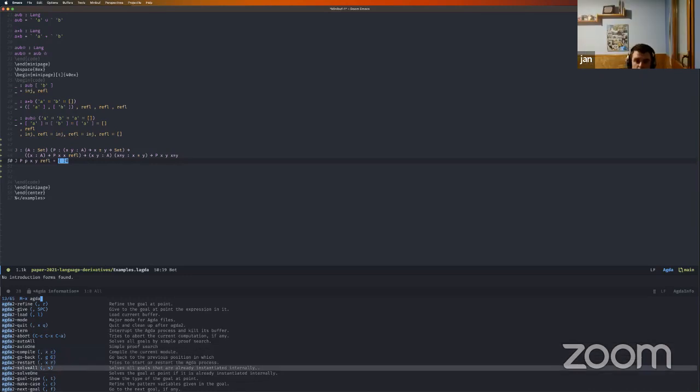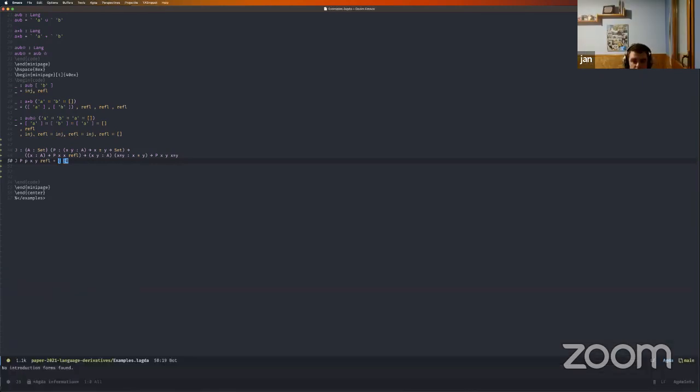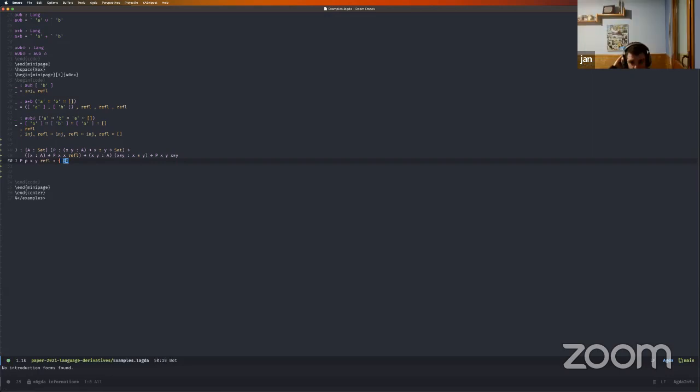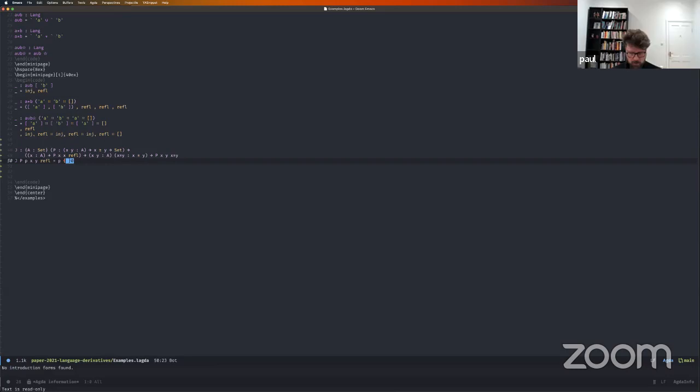So you want Agda to give you the refl? Yeah, I just wanted it to figure out this. You can start with P and then put a thing here. Right. You can also do that by creating the hole first, and then manually writing P inside of the hole, and then calling refine. Okay, how do I get rid of the hole now?